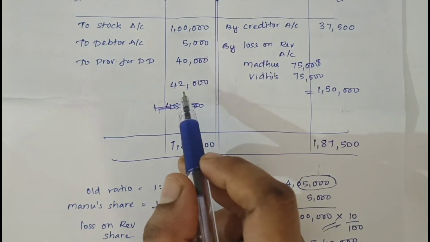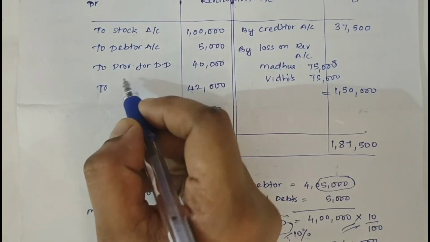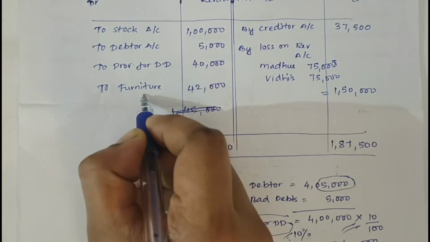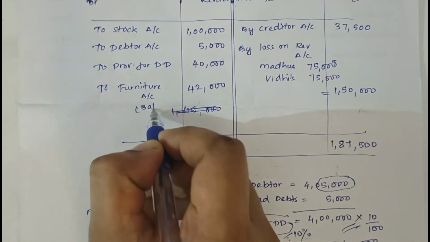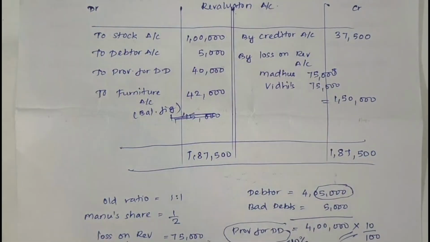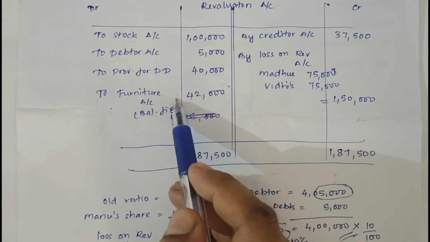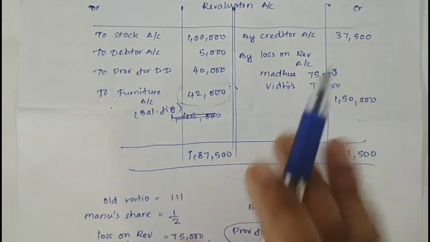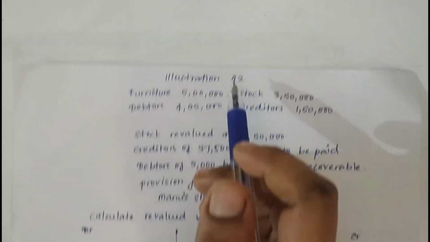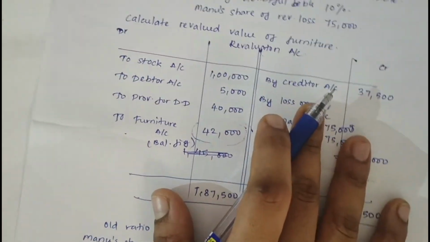So this 42,500 is the balancing figure, which is the change in the value of furniture. The balancing figure came on the debit side of the revaluation account, so there has been a decrease in the value of furniture.